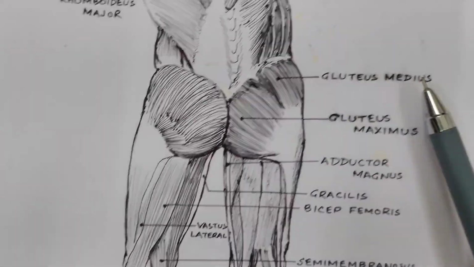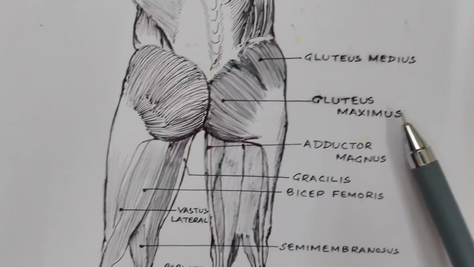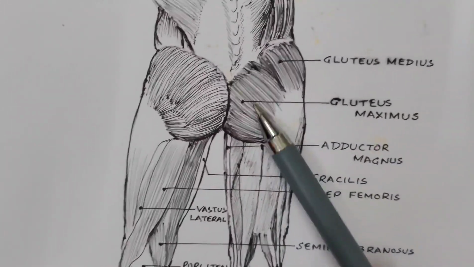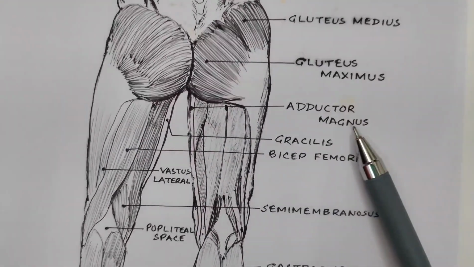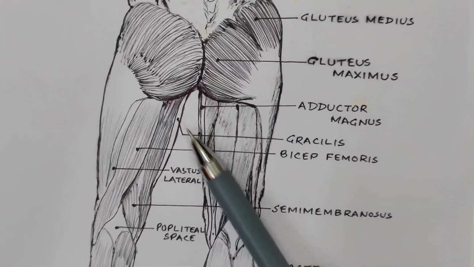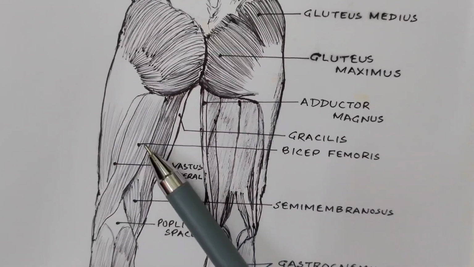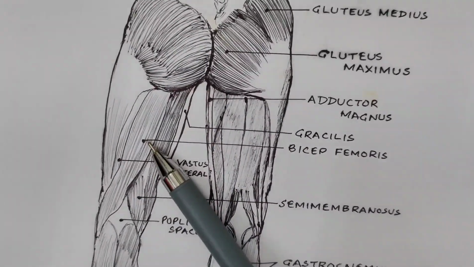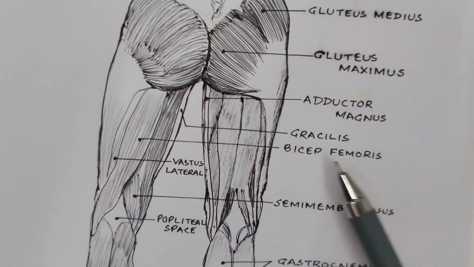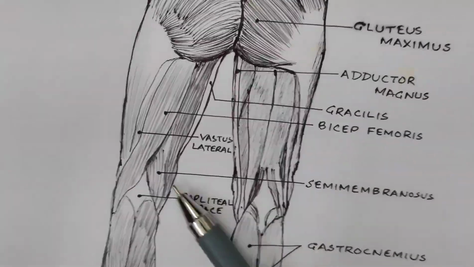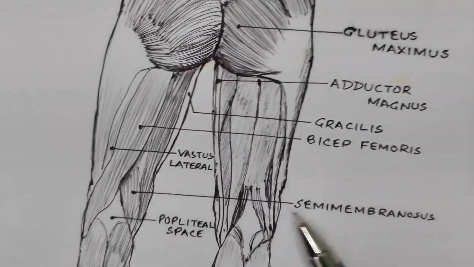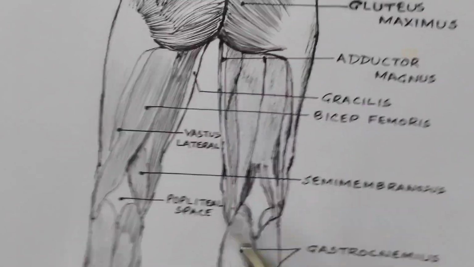This is the gluteus medius, gluteus maximus. Adductor magnus. Here we find gracilis muscles. Here the legs, the biceps femoris. This is vastus lateralis. This is semimembranosus.